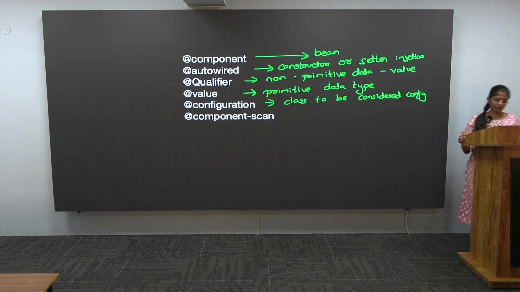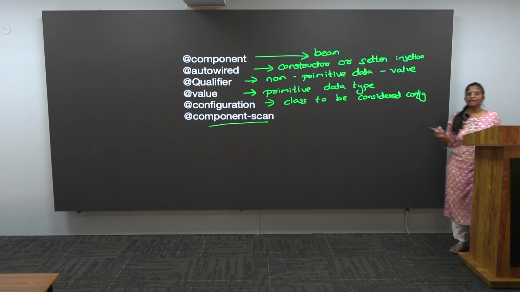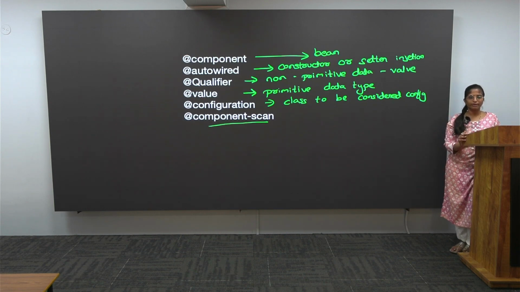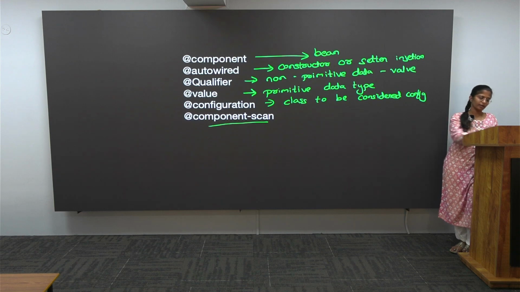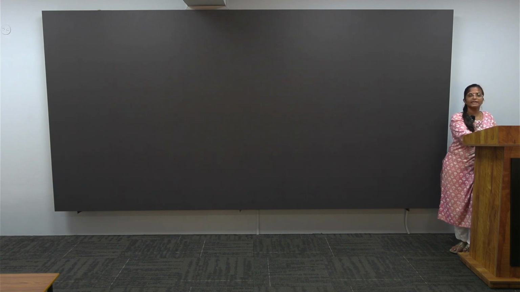The last annotation is @ComponentScan. Why? You will get to know in a while. I'll answer it when you are writing the code. Is it clear for everybody? Okay. Now let's get started with making use of all these annotations, and one by one try exploring all of them.